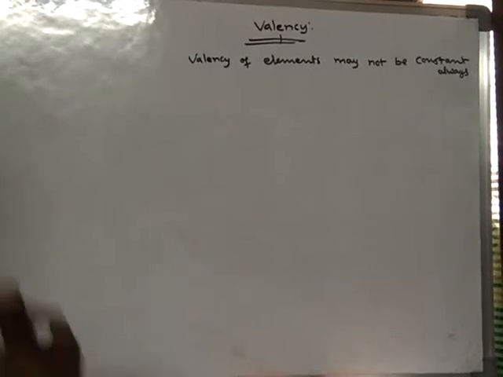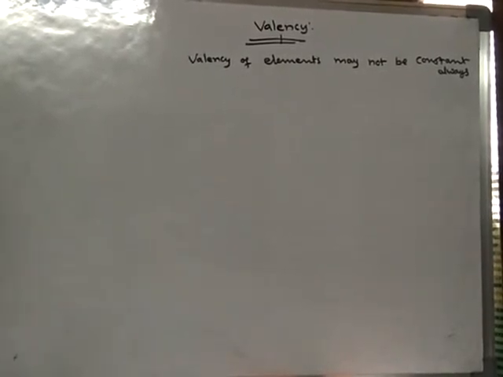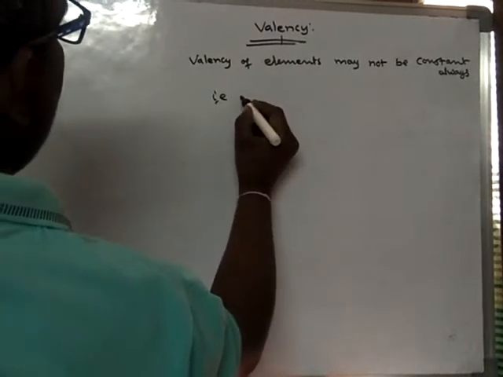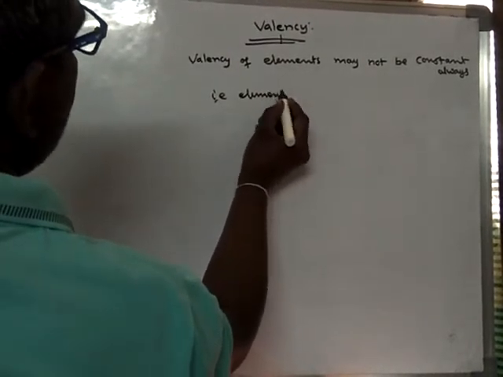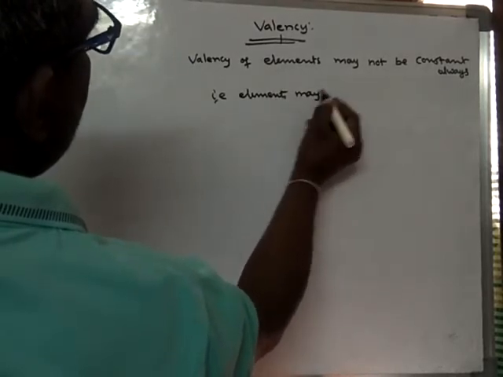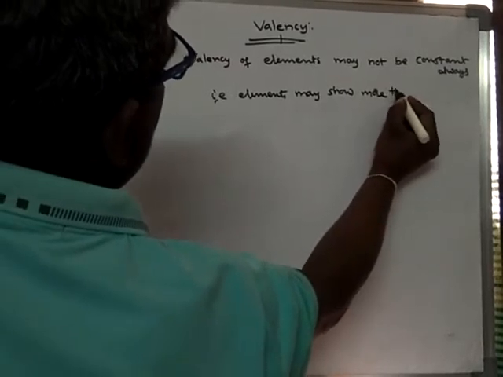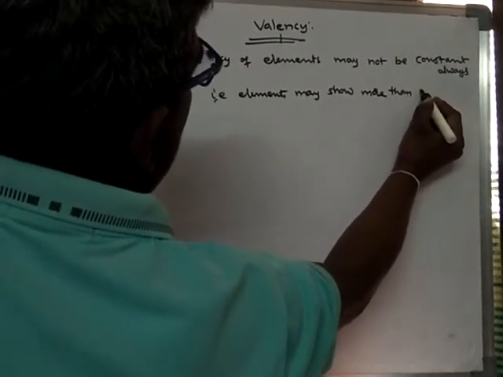That means there may be more than one valency. That means an element may show more than one valency. That is, elements may show more than one valence.